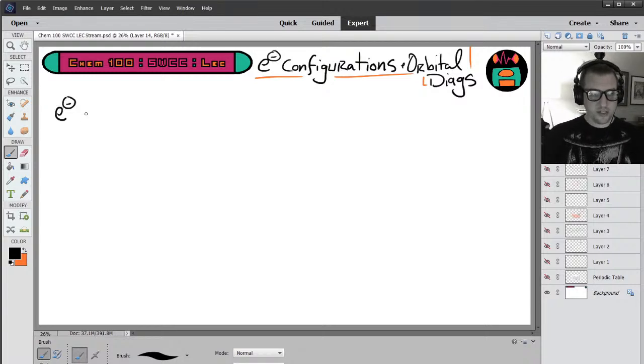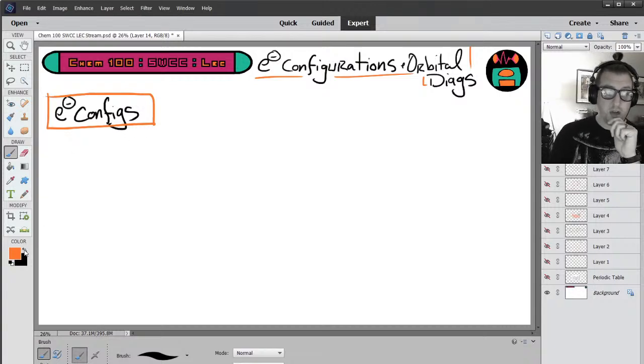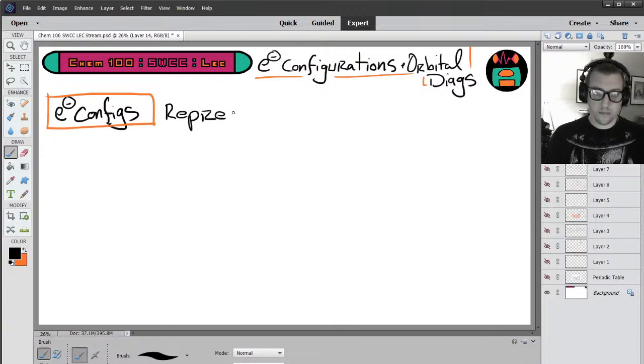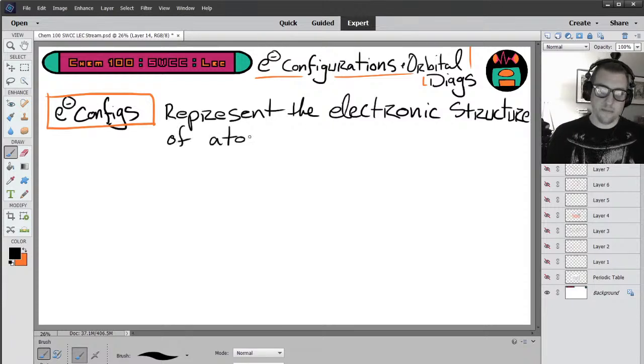All right, electron configurations are a depiction, a representation of what's known as the electronic structure of an atom.